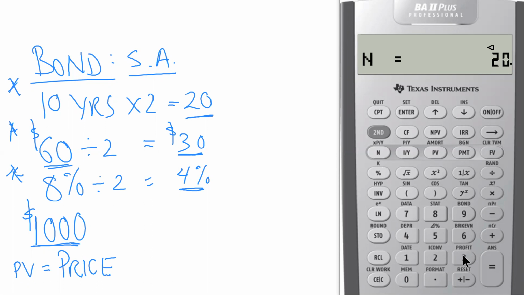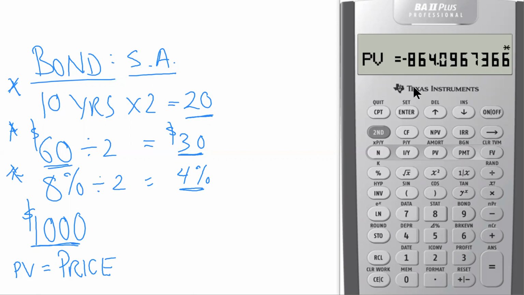Let's do a $30 coupon payment, 30, and push payment. $1,000 future value, that's in the calculator. And the discount rate of 4%, you put that in as a whole number. Do not put it in as a decimal, 4. Just put it in there. And now we'll push this compute button, compute PV, and there it is.